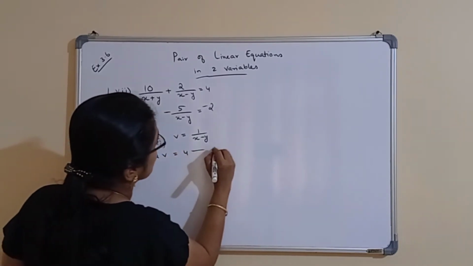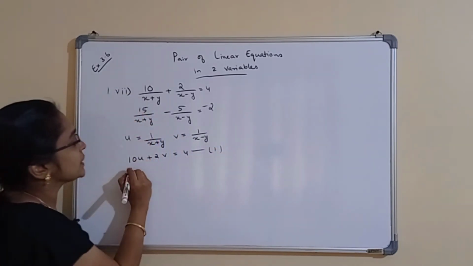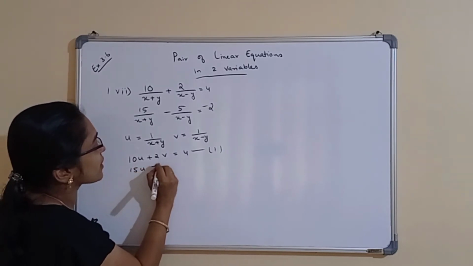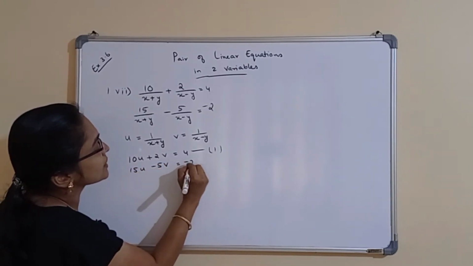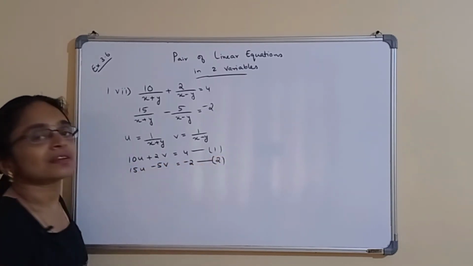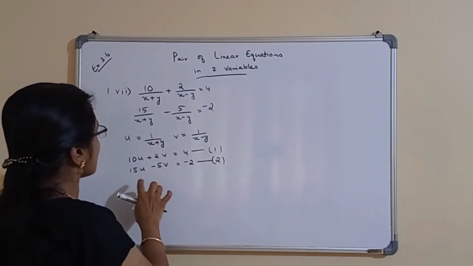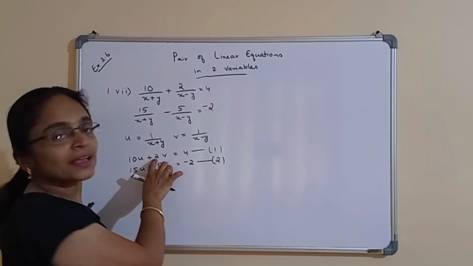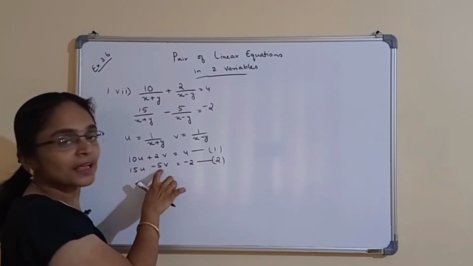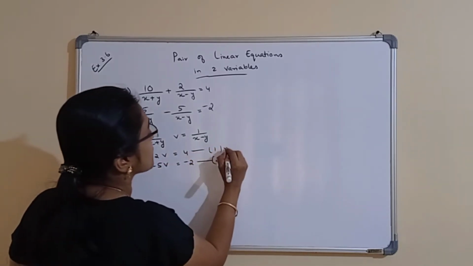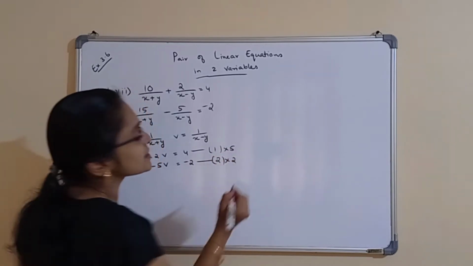This is first equation, and 15u minus 5v is equal to minus 2. This is second equation. Now we can solve this by elimination method. So for that we can multiply this by 5 and multiply this by 2.